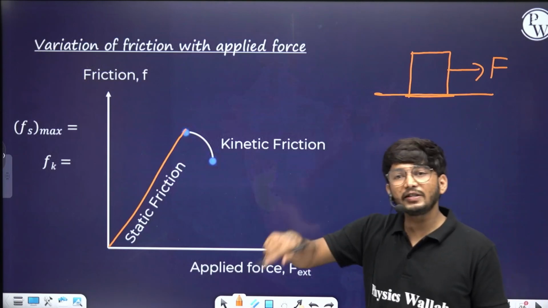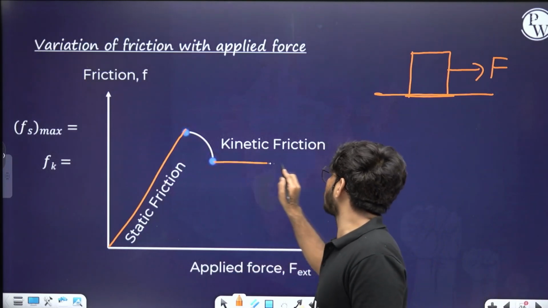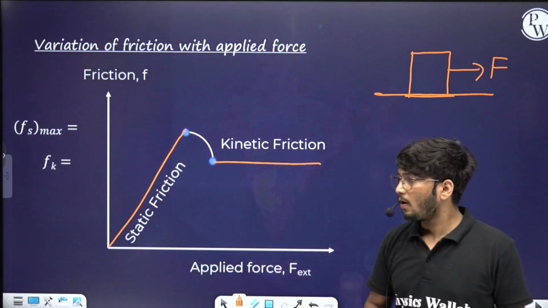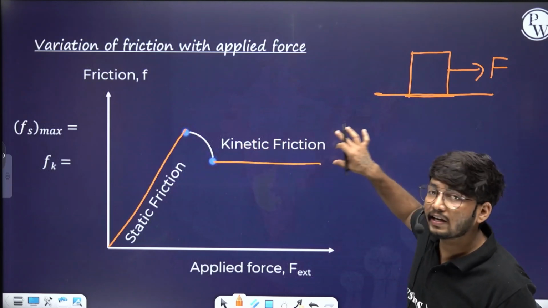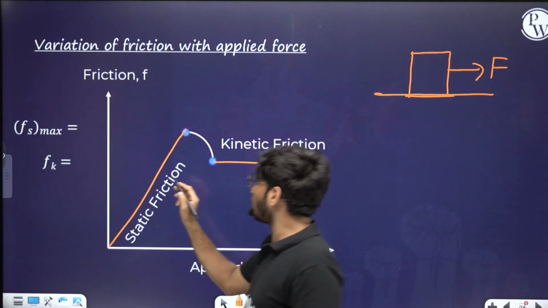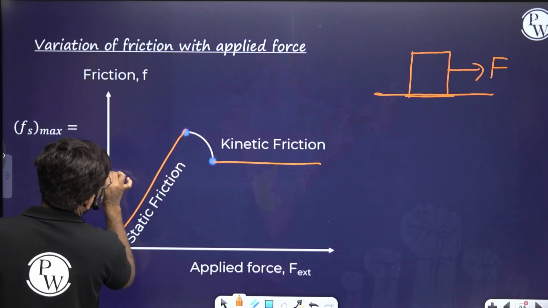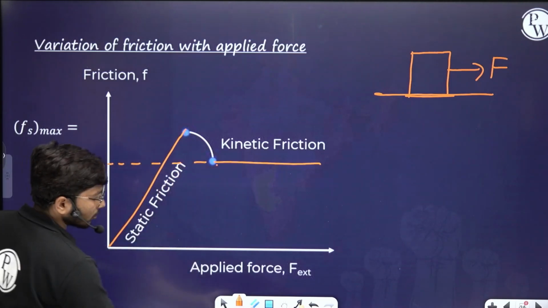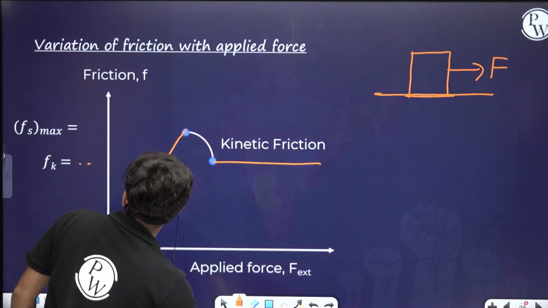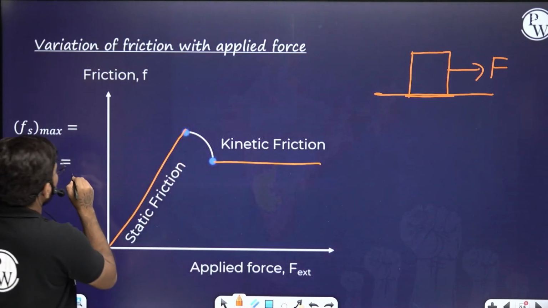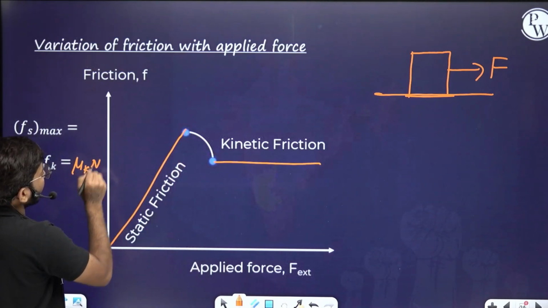But after that the block starts to move. And this kinetic friction has a definite value, right? So how do we get this definite value? I told you mu k into N, correct?